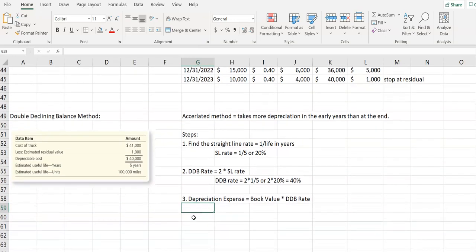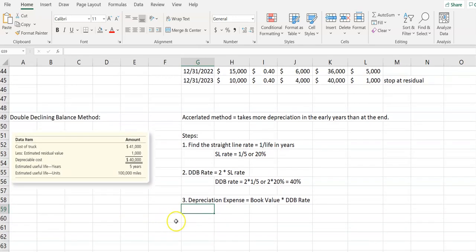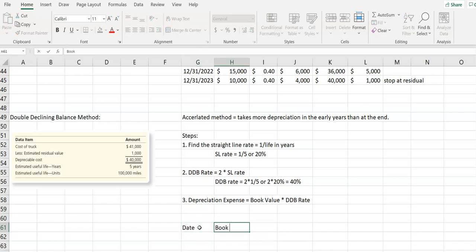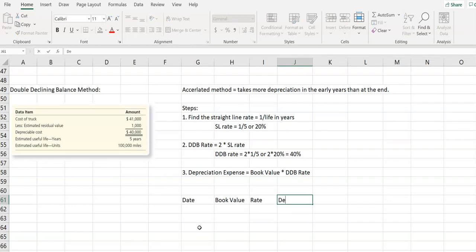So when you set up your table, it's a little bit different. We're going to have the date, the book value, the rate, depreciation expense, accumulated depreciation, and then book value again.